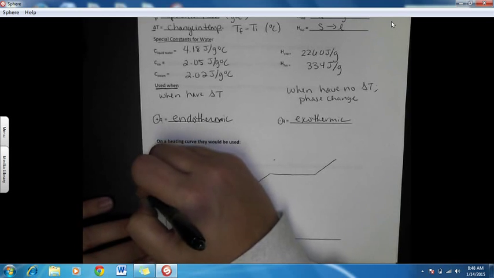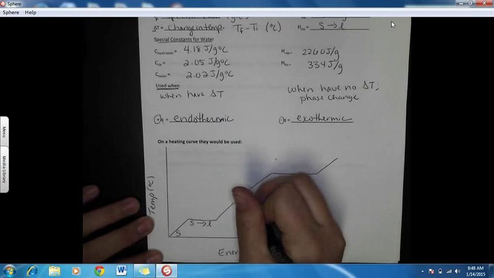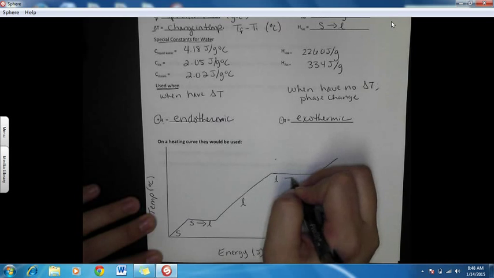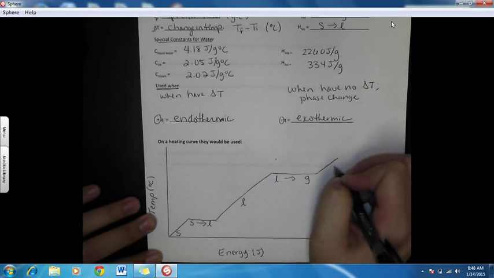And remember, this axis is your temperature in degrees Celsius, and this, of course, is our energy in units of joules. Now again, we have in this region a solid, and then in this region is when we're changing from solid to liquid. In this middle region we have a liquid, and in this flat region we're going from liquid to gas, and then finally in this region we have gas.